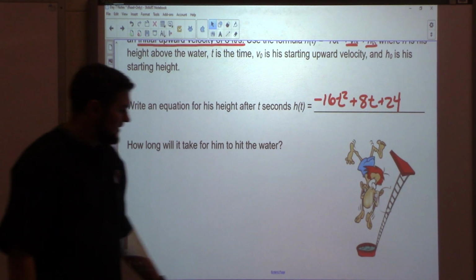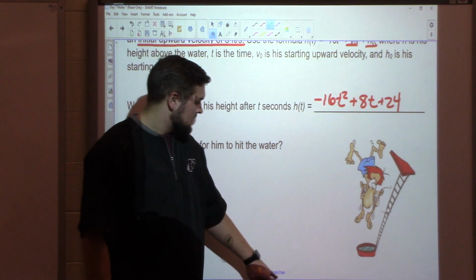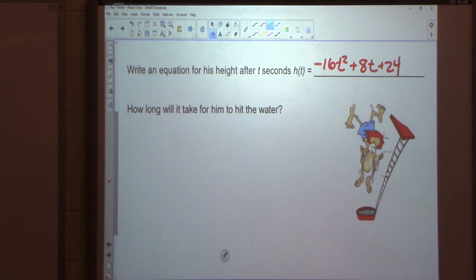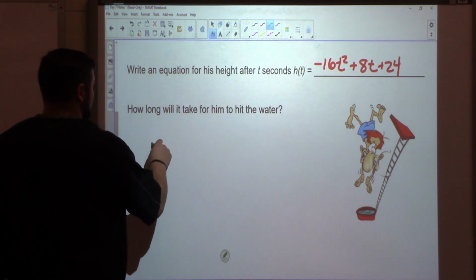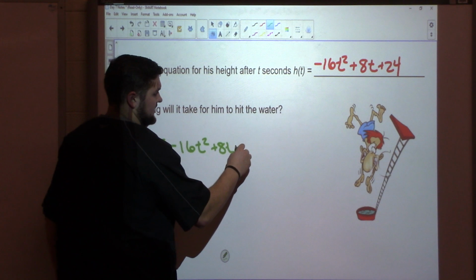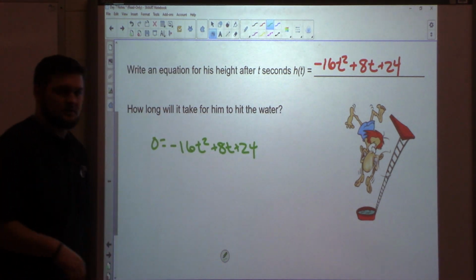How long will it take for him to hit the water? Well, how do I figure that out? Set it equal to 0. We're solving for the time, so we set it equal to 0 because we want to know when his height is 0, when he hits the water. So 0 equals negative 16t squared plus 8t plus 24.